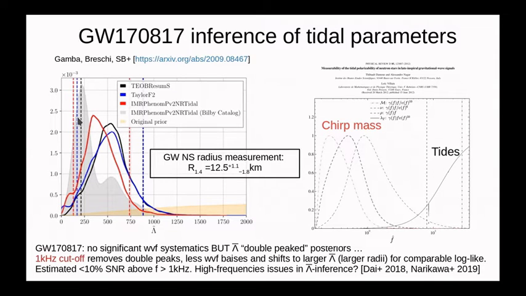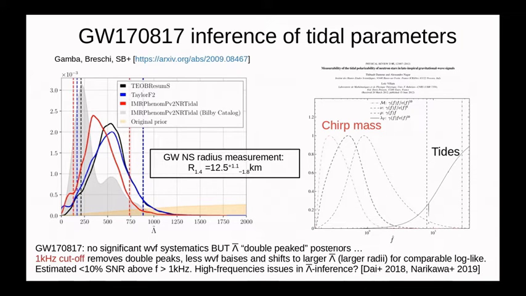And one possible way that you have to minimize these biases that we found is to cut the analysis at 1 kHz. And doing so, we lose a bit of SNR, and the statistical error gets slightly larger. By doing that, we obtain results that are actually consistent for all the reasonable waveforms that are available today.